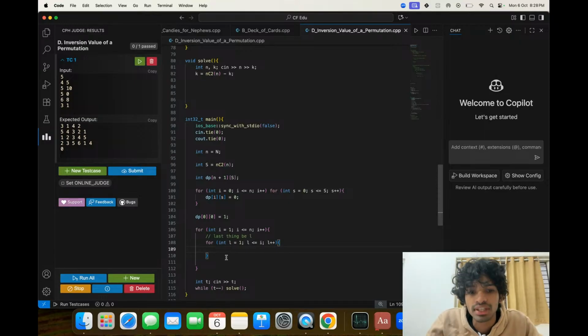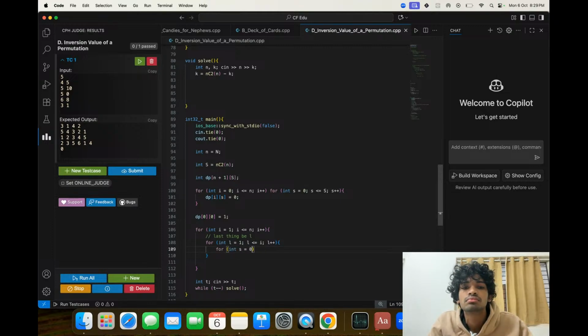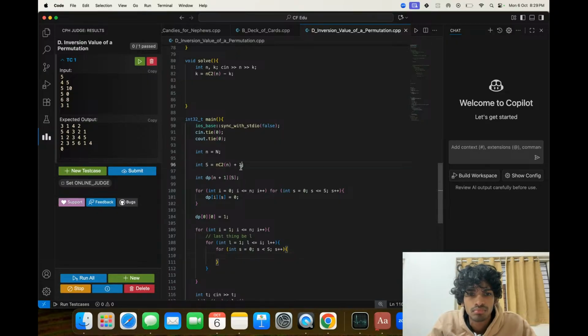Now for all these things, you're using L. If dp of i minus L, with this sum, if you can make, because you're taking this for sure, right?